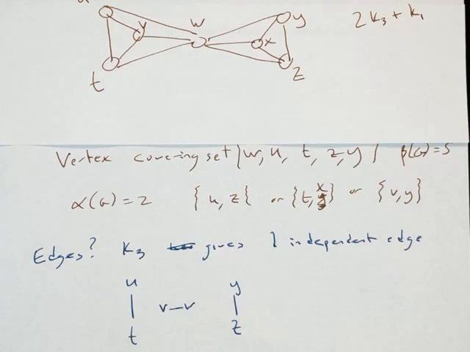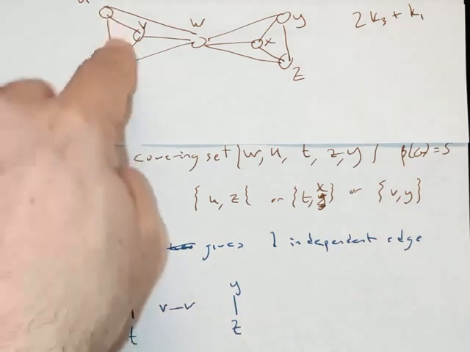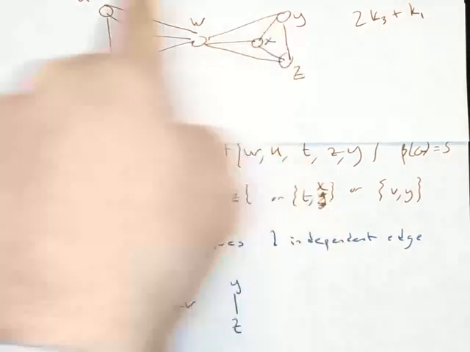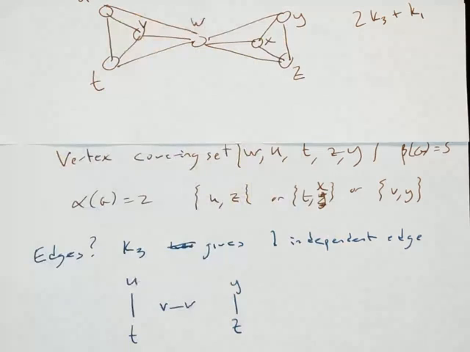And none of those touch each other at all. Can I get anything else onto here? Nope, it's going to be adjacent to W somehow, right? I'm in trouble. Or it's going to be adjacent to U and T, or adjacent to Y and Z. It's either going to come from these two, or these two, or it's going to be coming from one of those six.